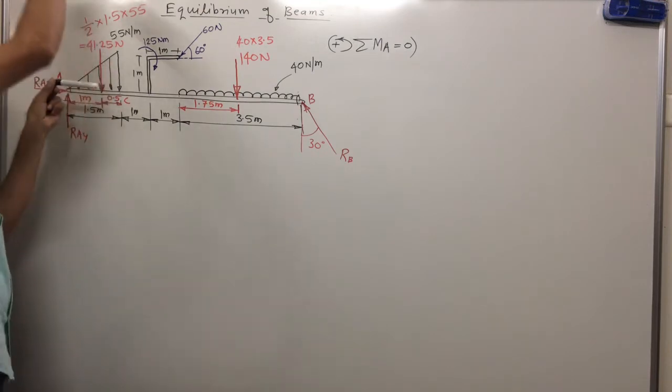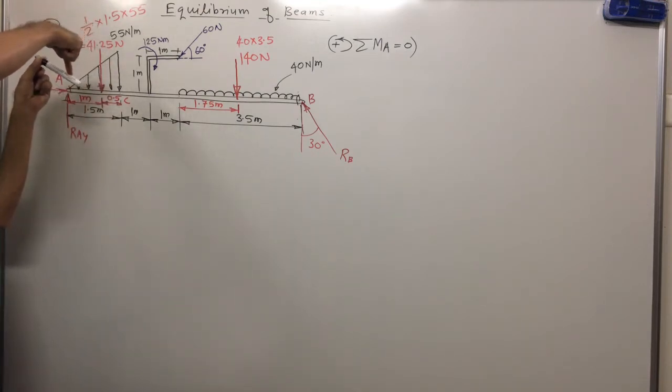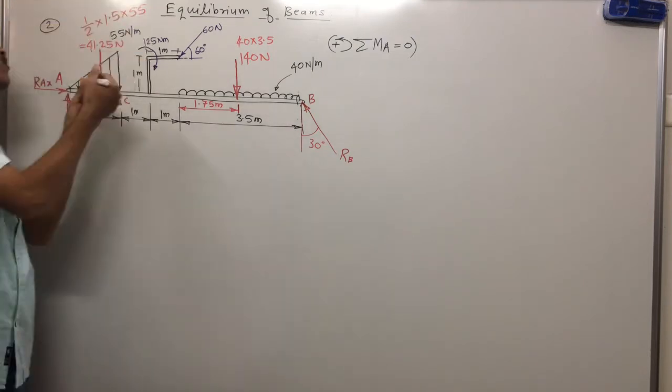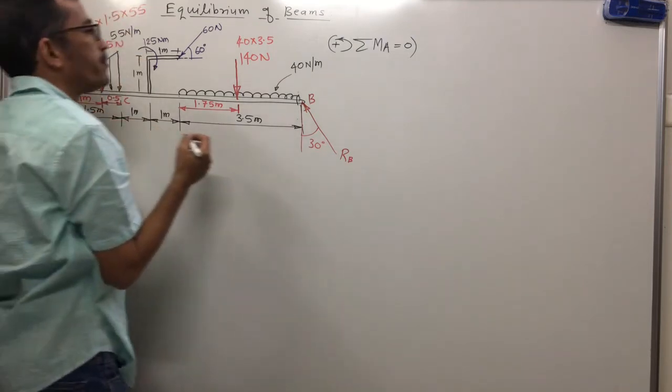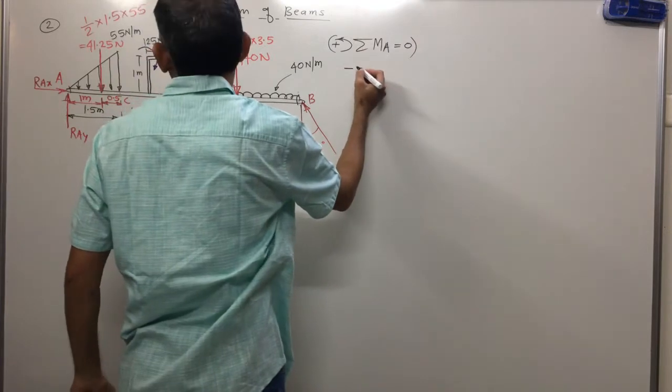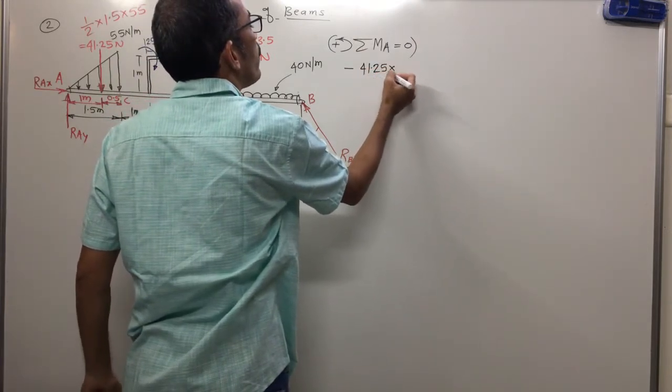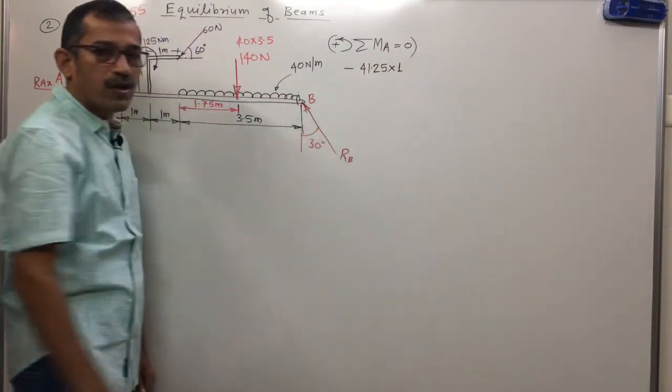Hold it at A. Apply force in downward direction. How will this rotate? Clockwise. Minus 41.25, distance is 1. This one is moment of first force.